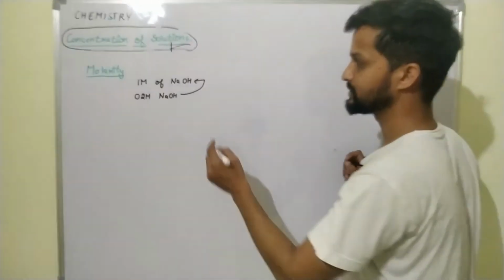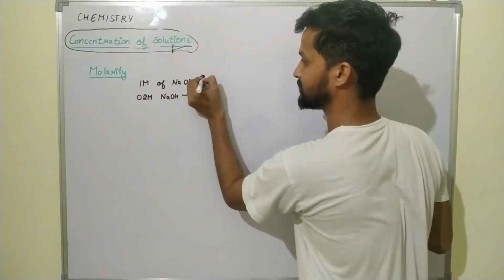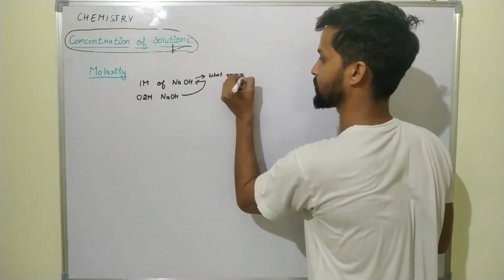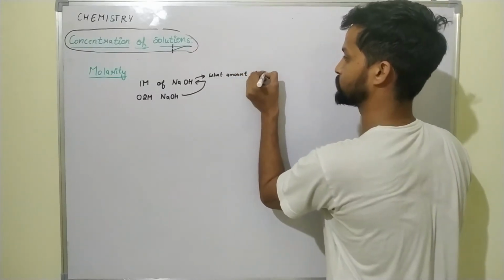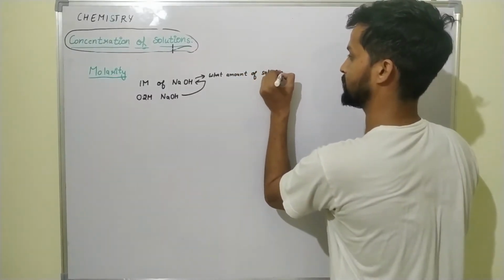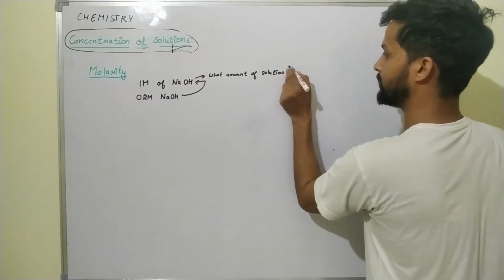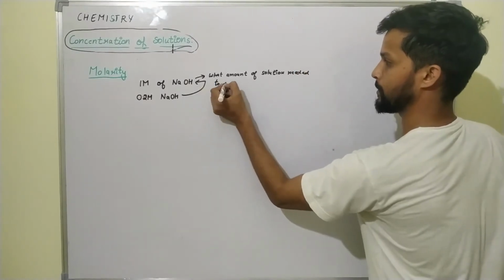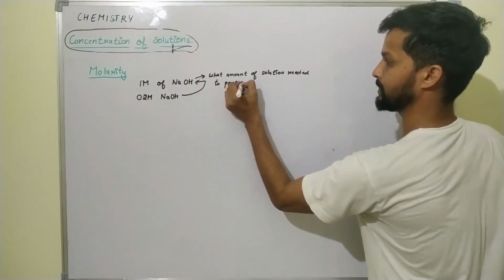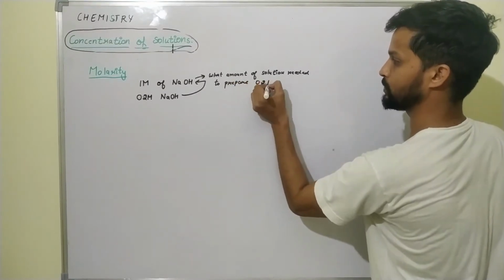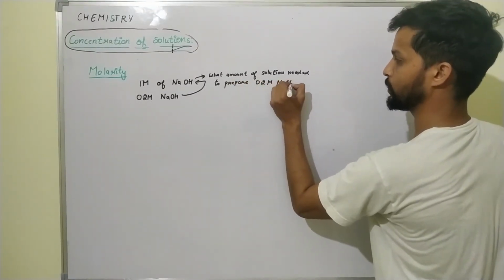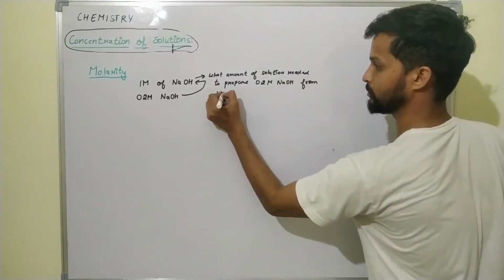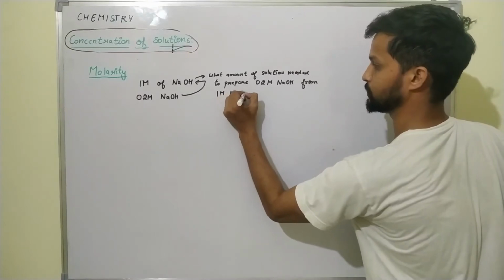So the question is: what amount of solution is needed to prepare 0.2 M NaOH, sodium hydroxide, from 1 molar sodium hydroxide.